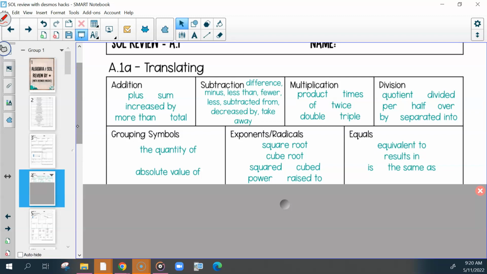Grouping symbols. These are words that tell you whatever I say after these words, I'm going to put in parentheses, or these need to go together. The quantity of, absolute value of, or if you see things like difference of, product of, sum of, quotient of.